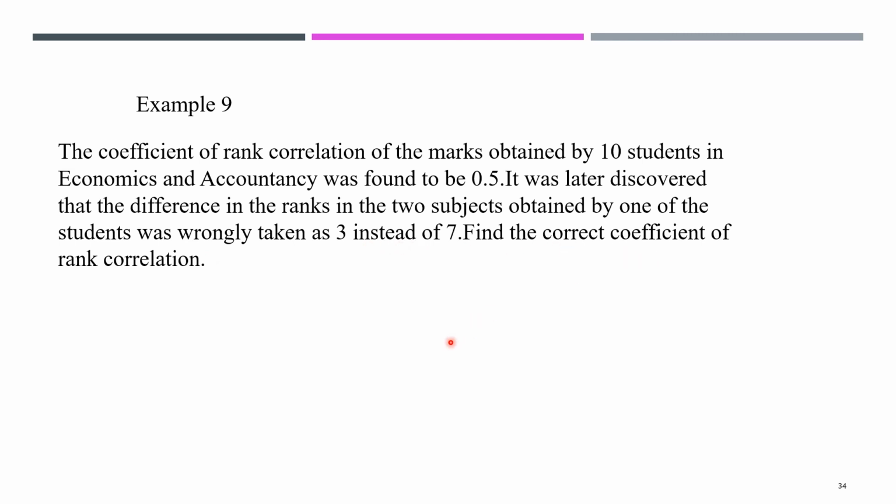We have to find the corrected coefficient of correlation. So R is equal to 1 minus 6 into summation D square over n cube minus n. We know R, we know n. Calculate summation D square first.